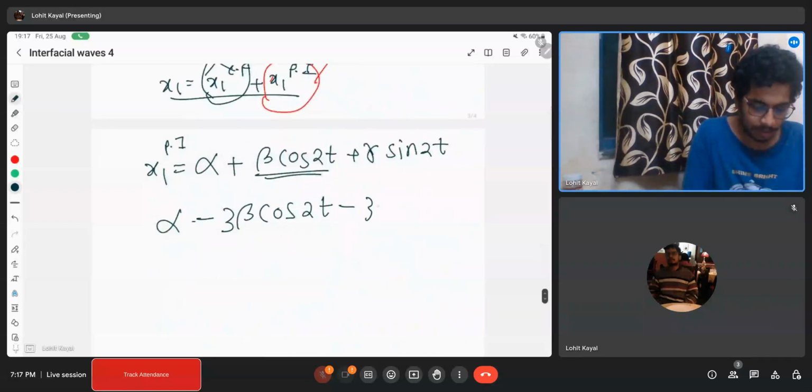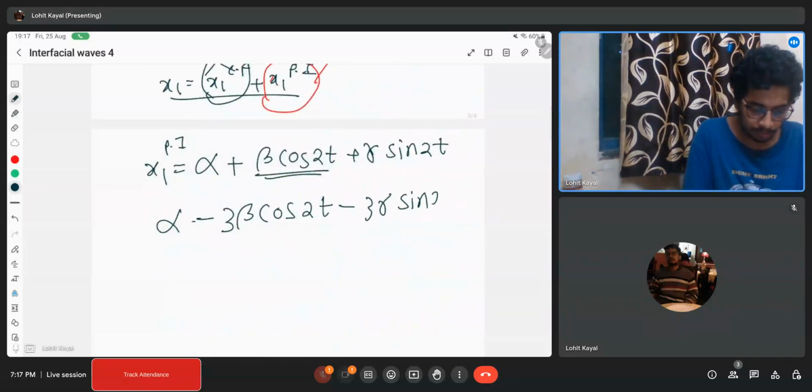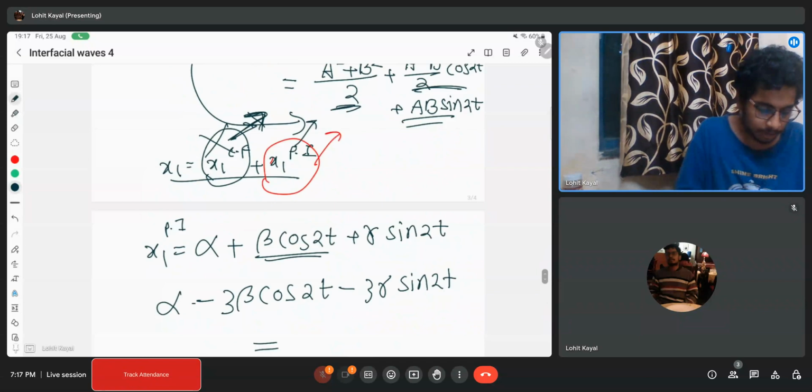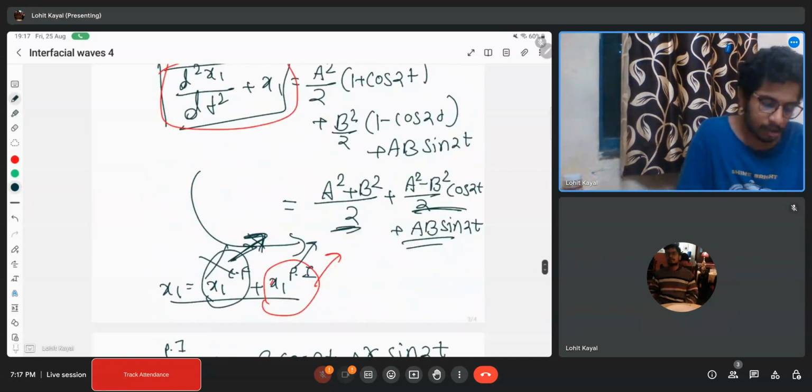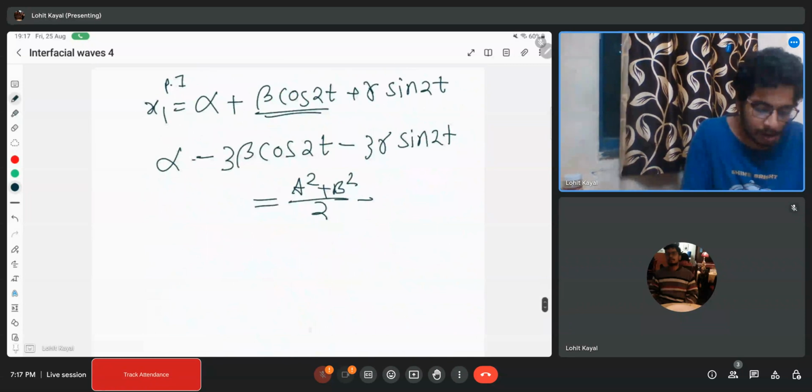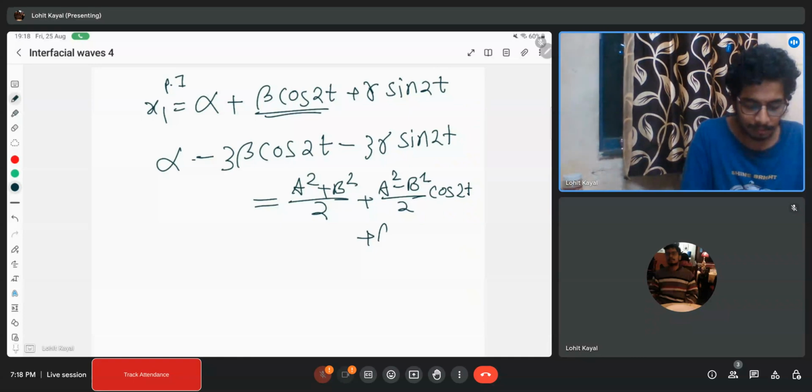This equals what we have on the right hand side: (a² + b²)/2 plus (a² − b²)/2 cos 2t plus ab sin 2t.